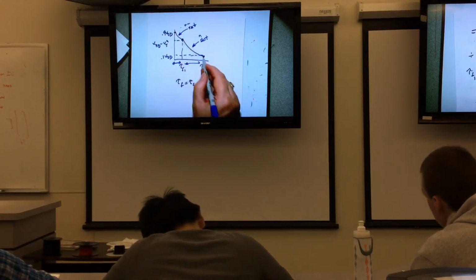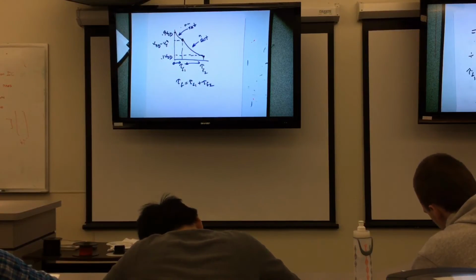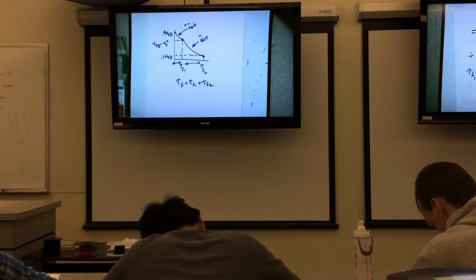This one's a little harder to get. A lot more messy math, but it's the same idea. That's why I spent time on just the first part.